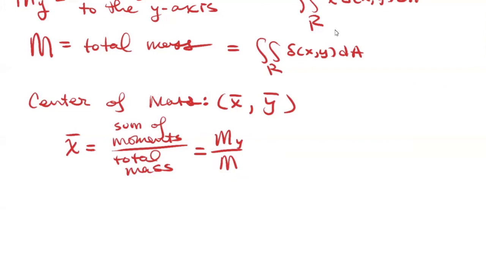So that's why we call it x bar. And of course, there's a y bar. But the y coordinate of a point is a distance to the x-axis. So you have to do moments to the x-axis and divide by mass. So that's how you compute a center of mass. That's not easy or fun. That's 3 integrals you have to do.